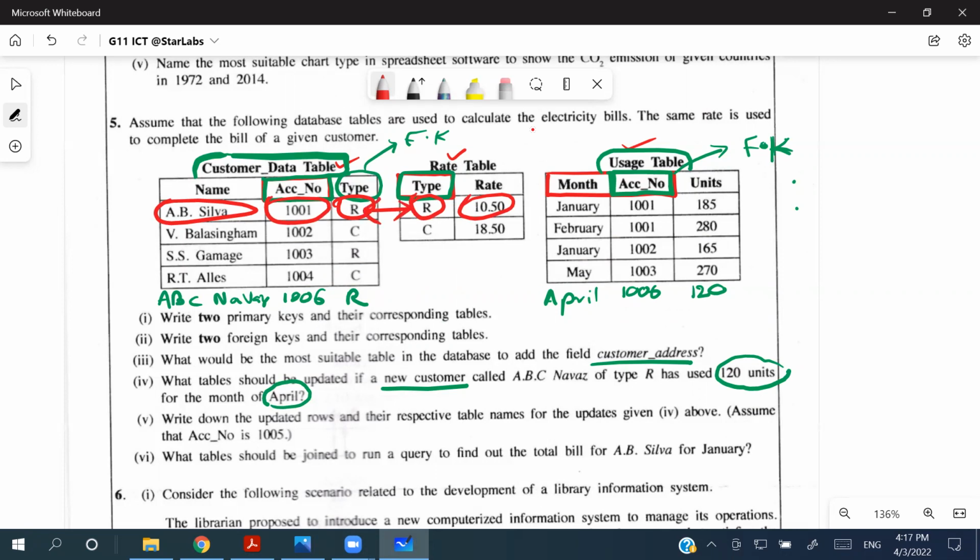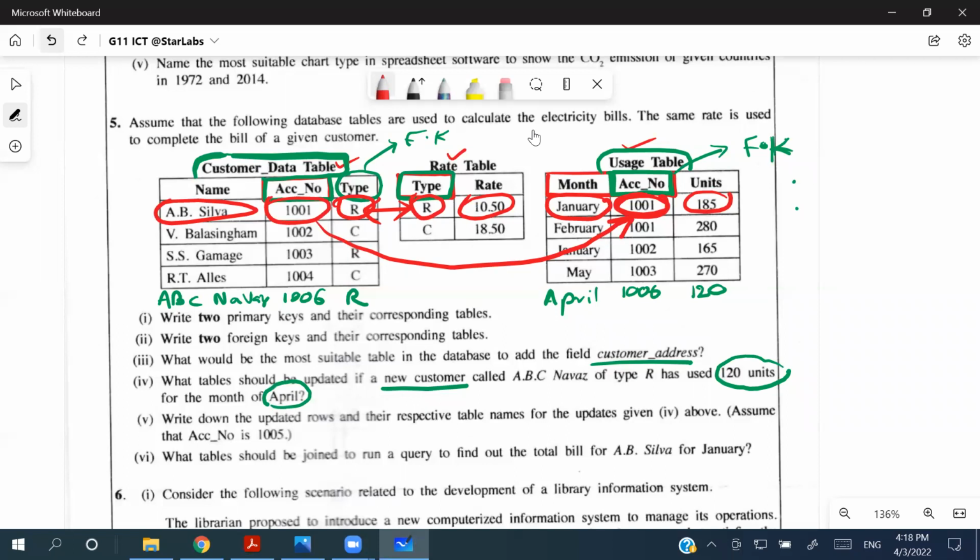And again, for January, 1001 with the reference of this. So we find the January and the number of units. We need this account number because here is another 1001, but that is for February. We don't need those two. Right, we only need the January units.